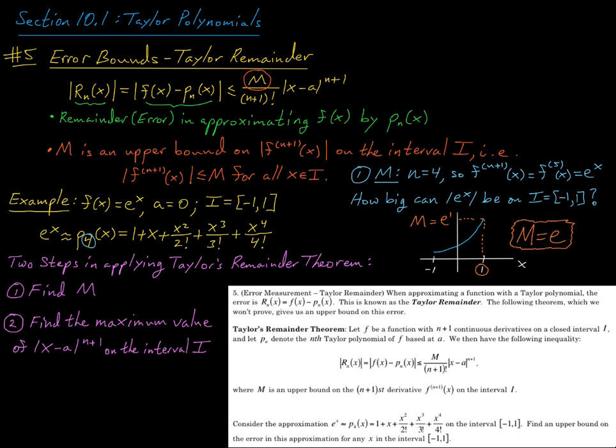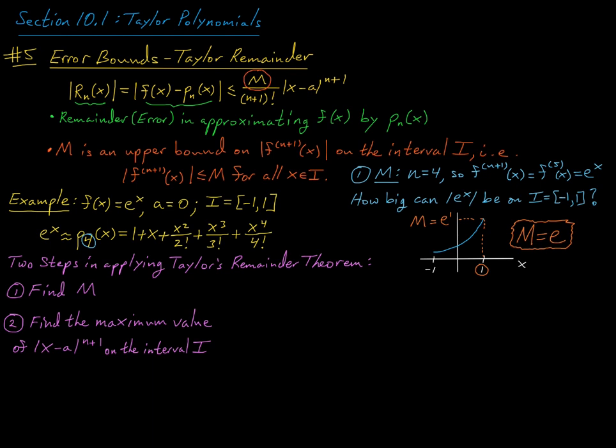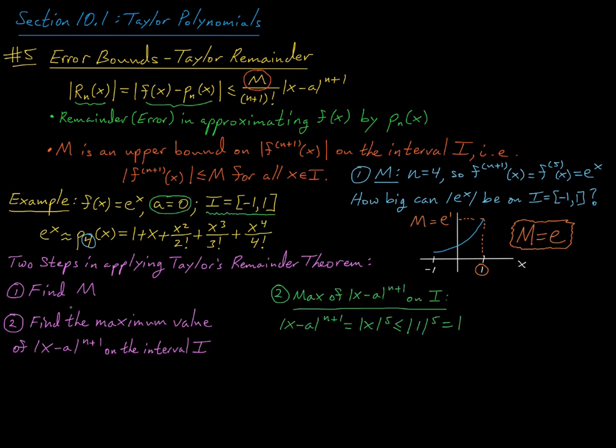We got our M value, and now what we're going to do is find the maximum value of the absolute value of x minus a to the n plus first power on our interval. Note a is 0, so x minus a is really just x. And again, n is 4, so n plus 1 is 5.